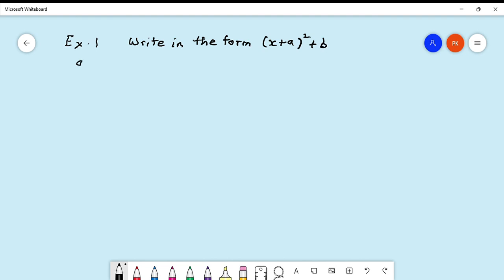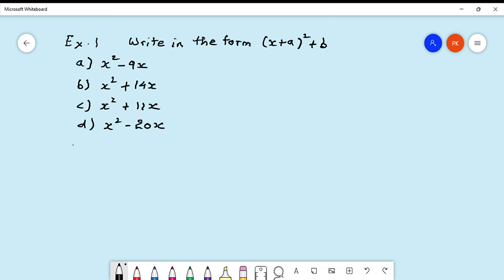So first problem, x square minus 9x. Problem B, x square plus 14x. C, x square plus 11x. And D, x square minus 20x.